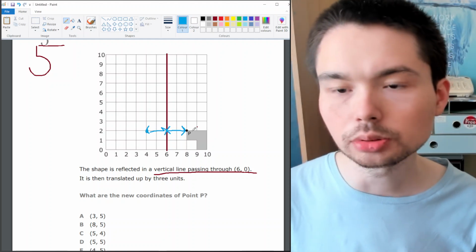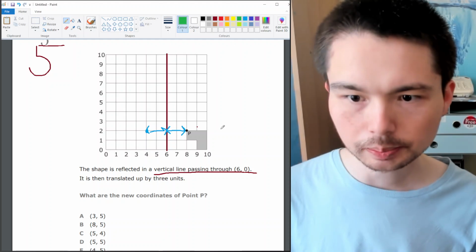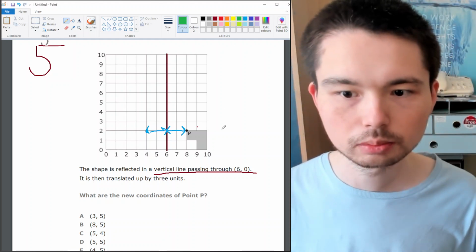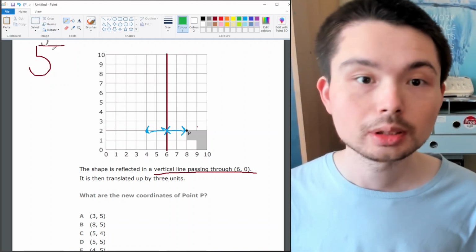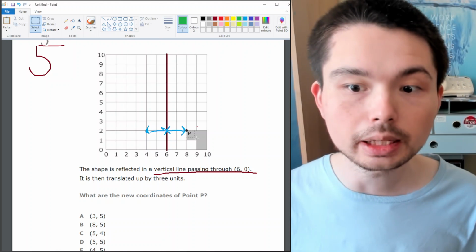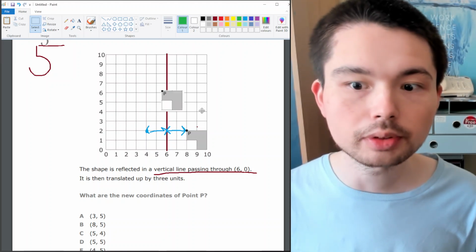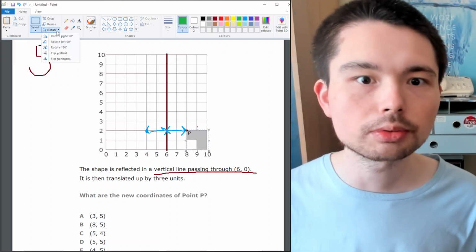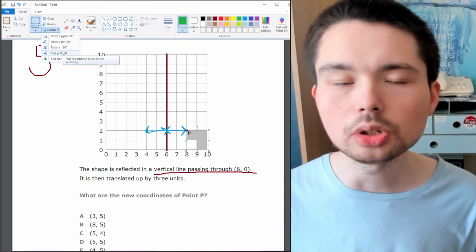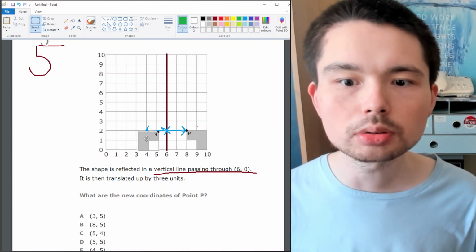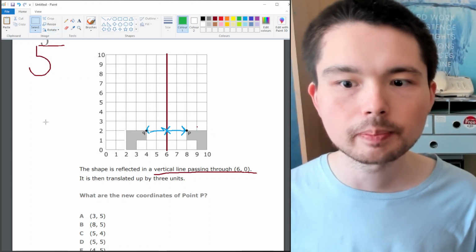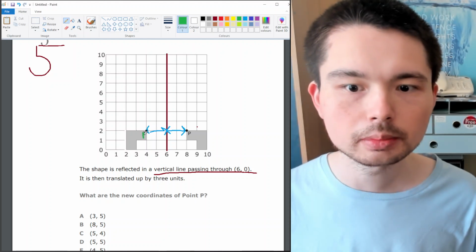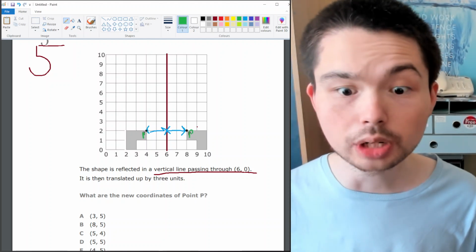I'm just going to quickly draw this weird shape. But the cool thing is I can use Paint. I can just quickly copy it and then flip this around. Flip vertical. No, flip horizontal. Flip it round here. So that point P is there, and then we just obey the instruction.